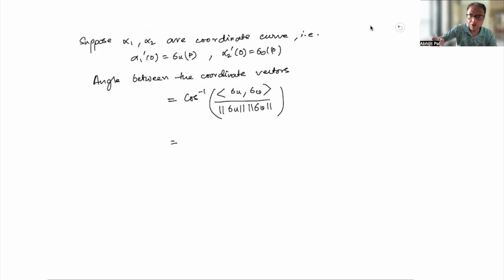Note that the inner product of sigma u with sigma v is F. So this is cos inverse of F divided by root over, since E is the inner product of sigma u with sigma u, E is equal to norm of sigma u squared. So norm of sigma u is root E, and norm of sigma v is root of E G. Therefore this will be the angle between the coordinate vectors.